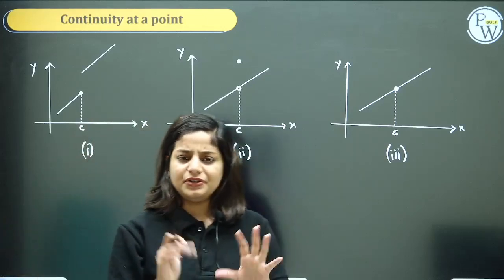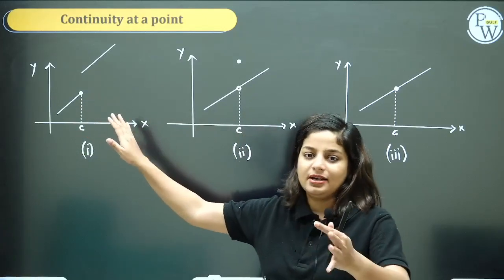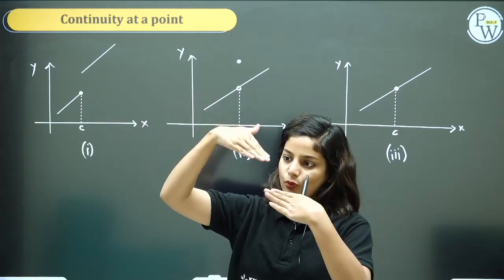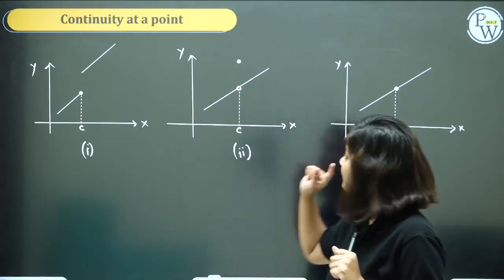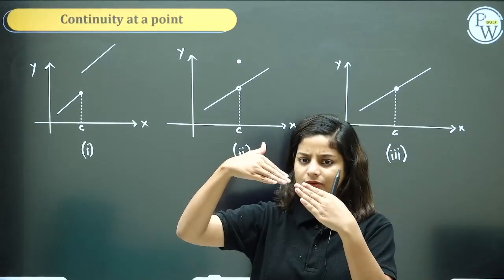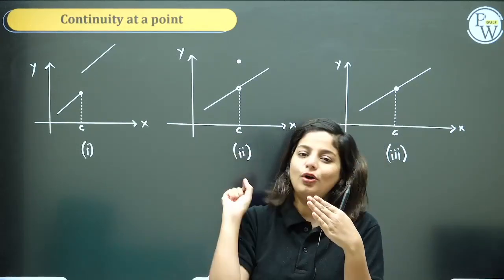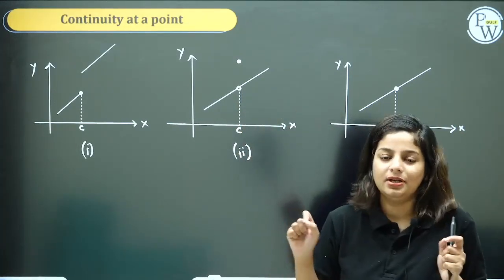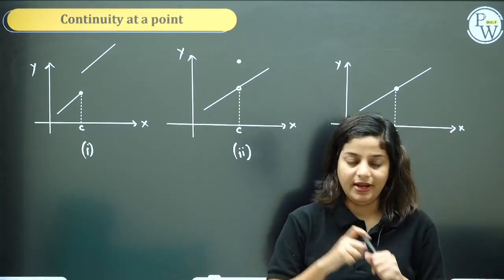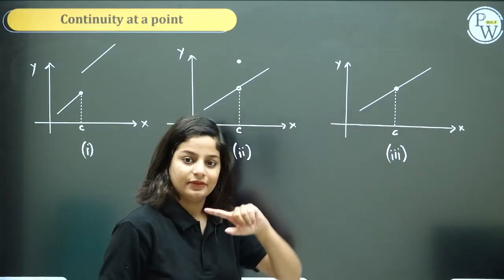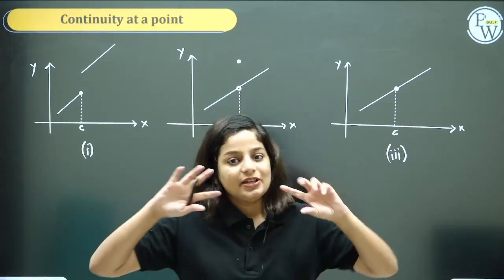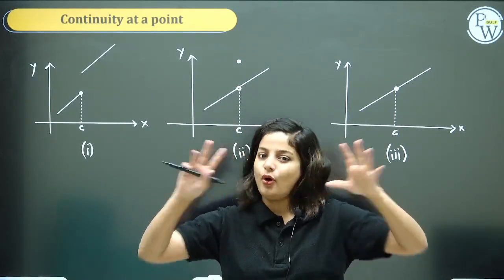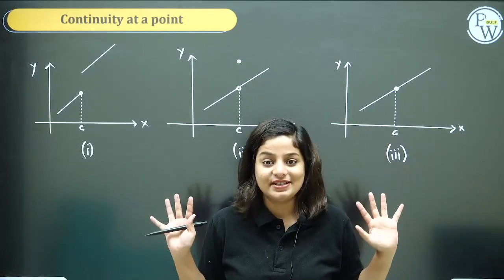At first, when you observe the first graph, you can see there is a break in between, discontinuous. Second graph, there is a hole in between, a small gap, discontinuous. What about the third graph? Continuous? Bingo, you all are correct.